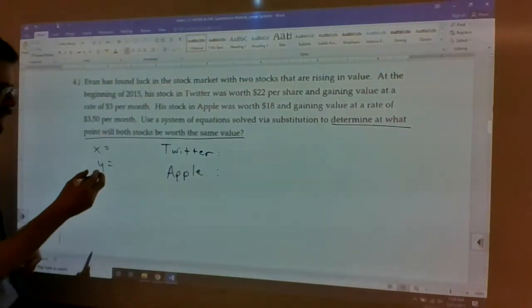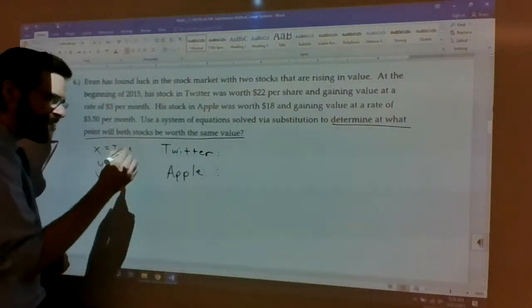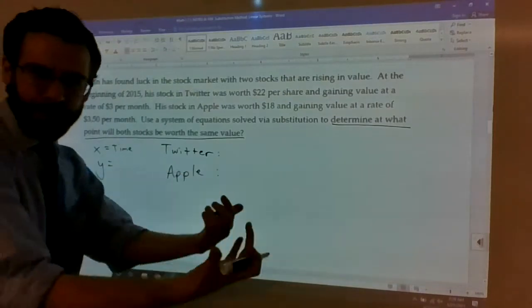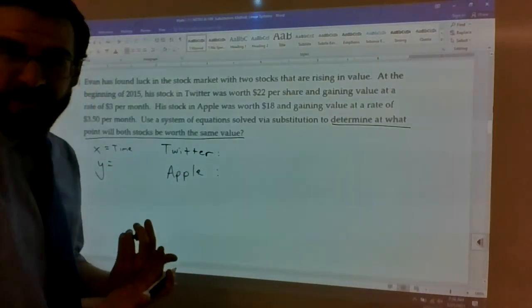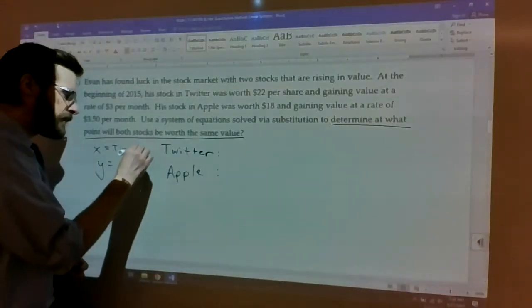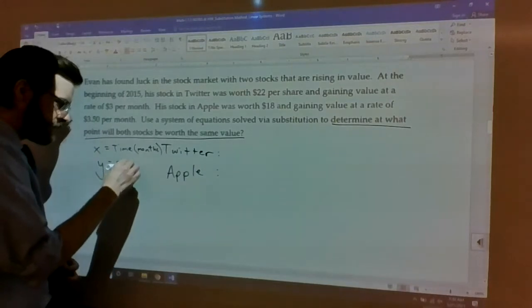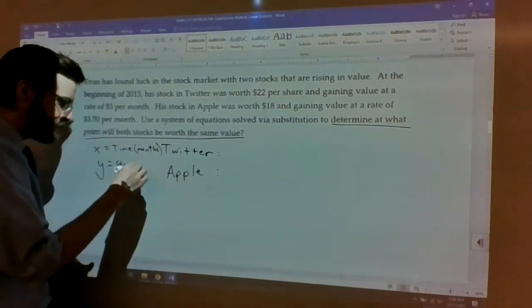Now, we talked about writing word problems. Time is almost always seen as the x variable. It's the independent thing that's happening. Time isn't really affected by other things. So time in months is x, and stock value in dollars is y.